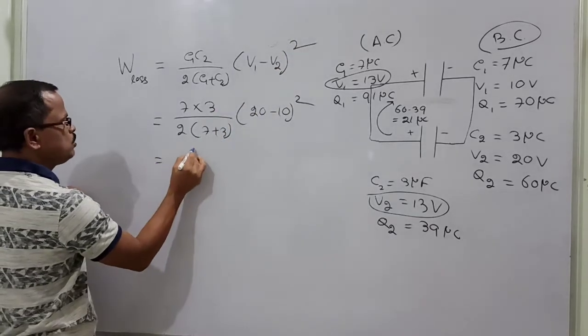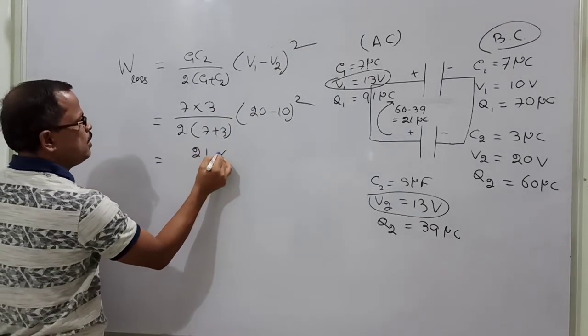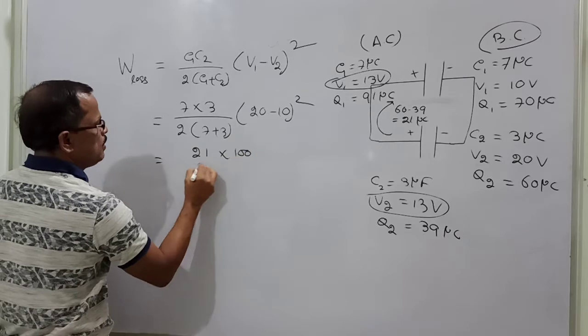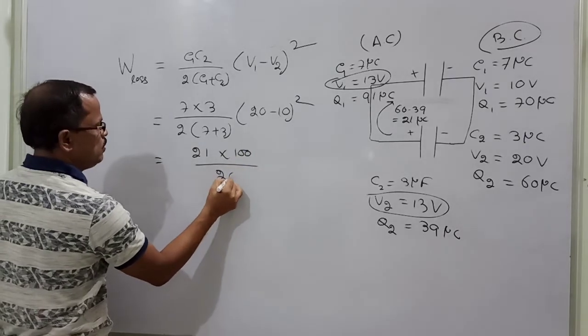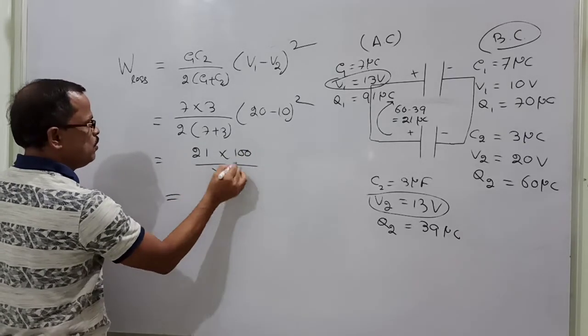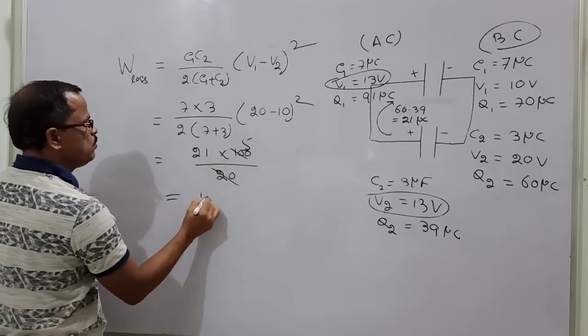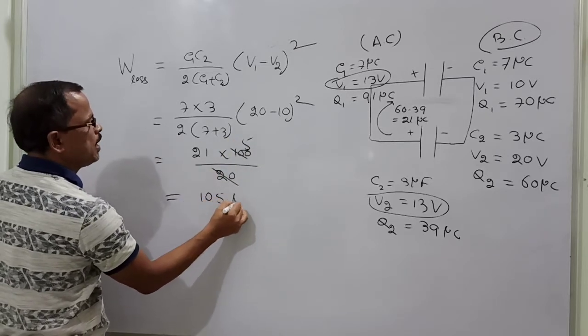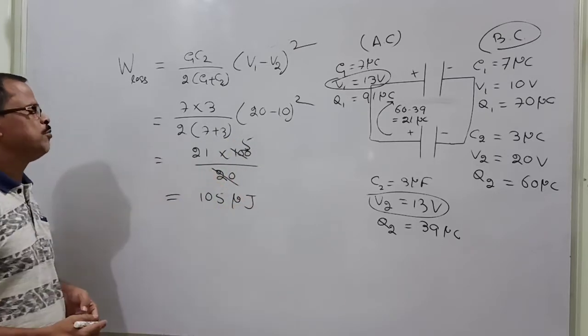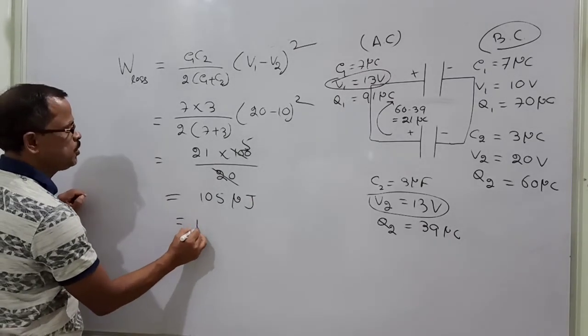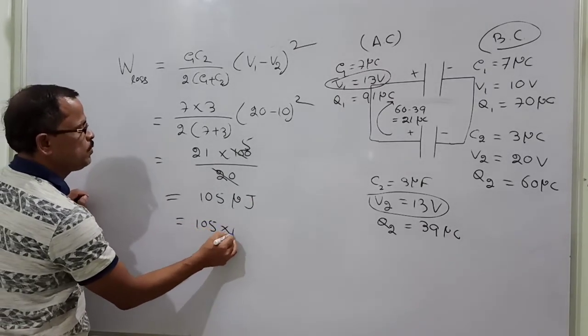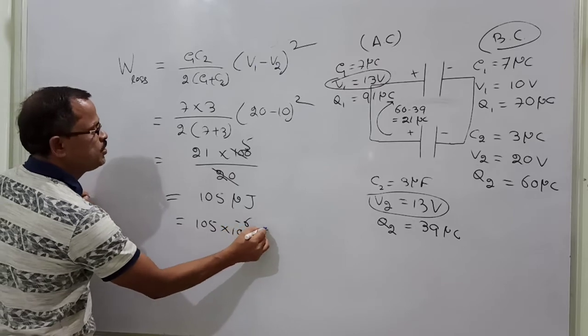So the energy is equal to 21 into 100 divided by 20, which is equal to 5, it is equal to 105 microjoule. So the amount of energy lost during this process is 105 into 10 to the power minus 6 joule.